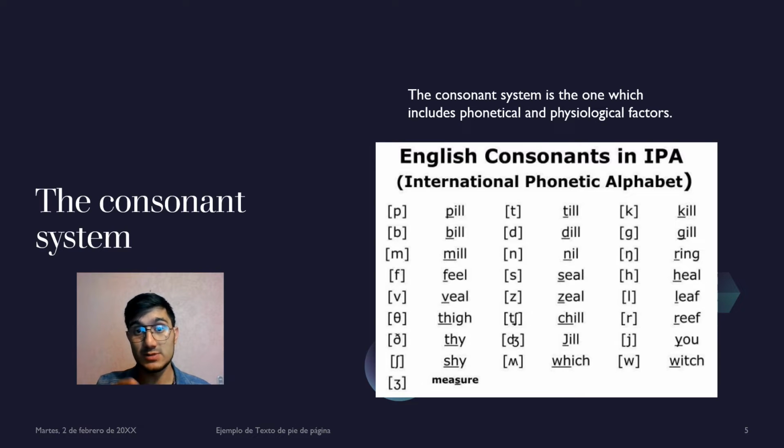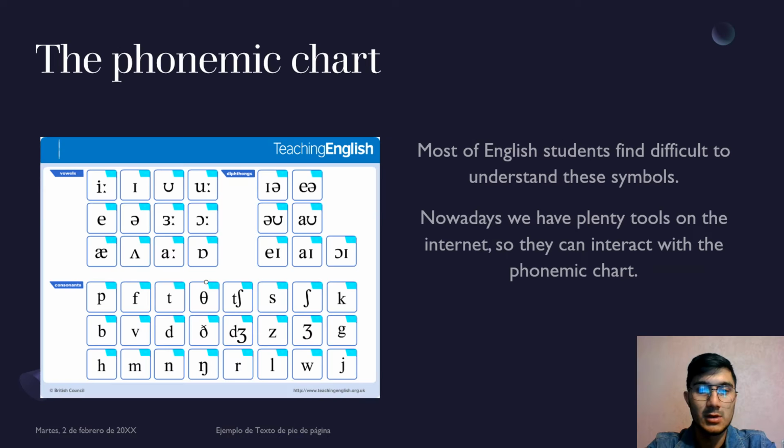For example, here in this page we have English consonants in IPA, the International Phonetic Alphabet, and we can show them most of the symbols that they are not used to. For example, th, blowing the air out, or for example the letter Z, which sounds like a B. So we can use different examples from real life on how to pronounce those sounds.